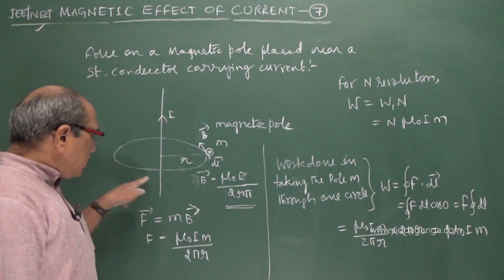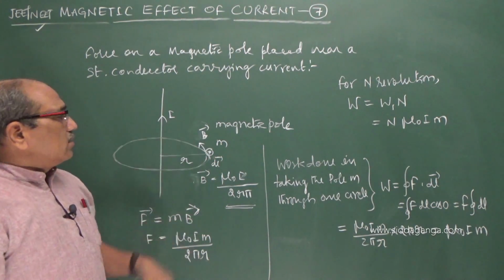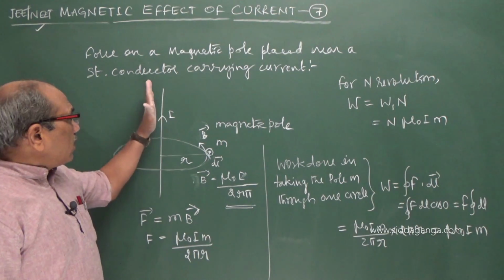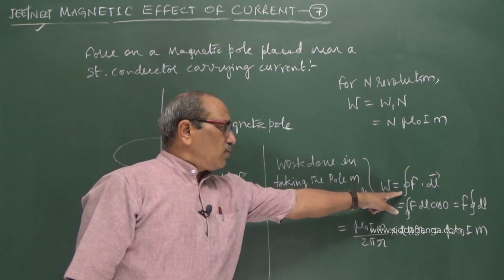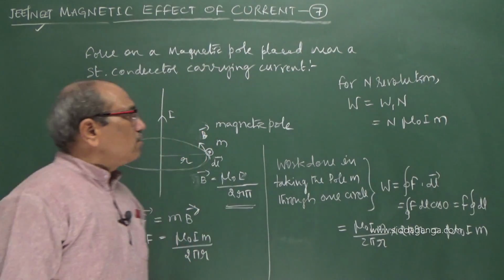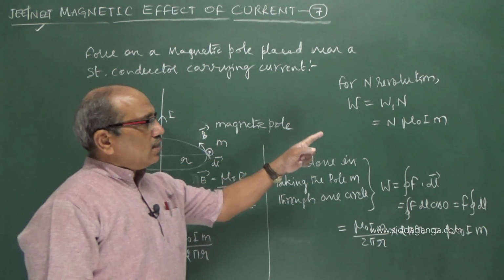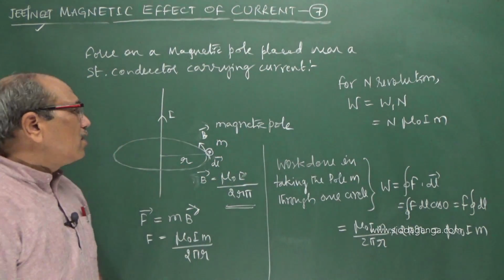The work done in taking it once around the circle around the conductor carrying current is given by the integral of F dot dl, mu naught I M. For n revolutions, mu naught I M into n.